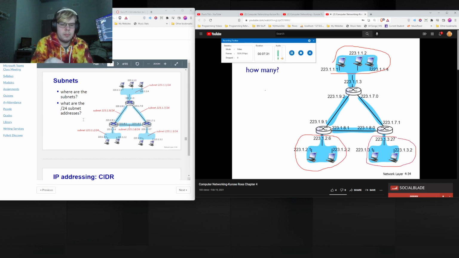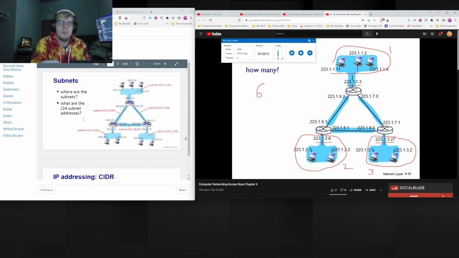I have a total of 6 subnets over here. Now how 6 subnets? These are the first 3 subnets. The first subnet is 223.113 on the router interface. Then I have 223.126. Then I have 223.1.327. Subnet 1 has 3 computers, subnet 2 has 2 systems, subnet 3 has 3 systems.